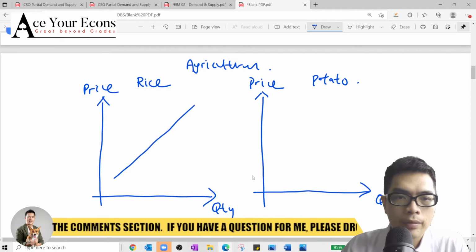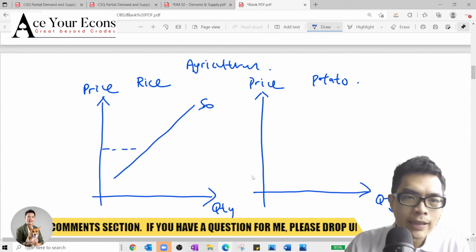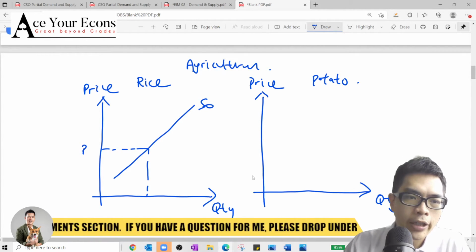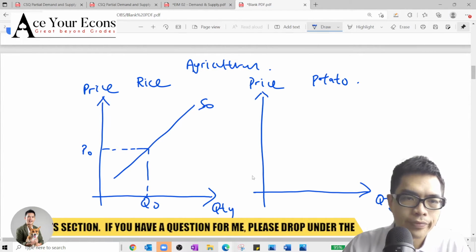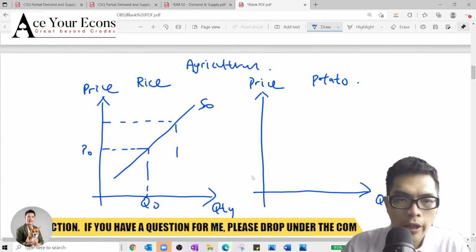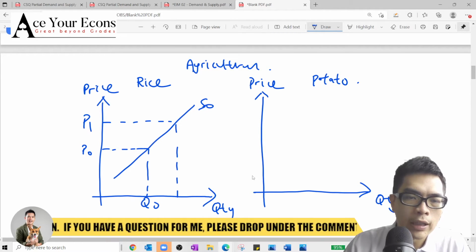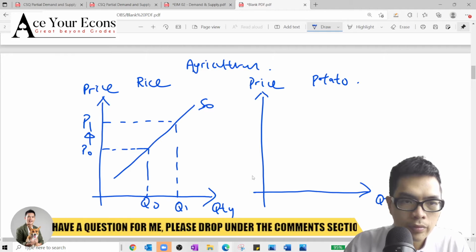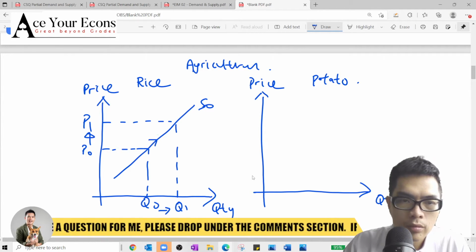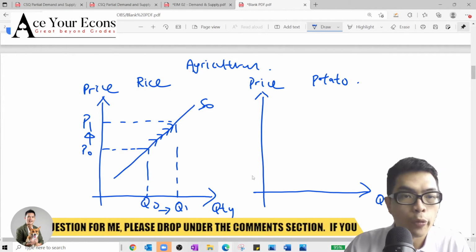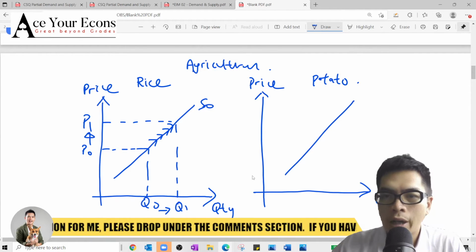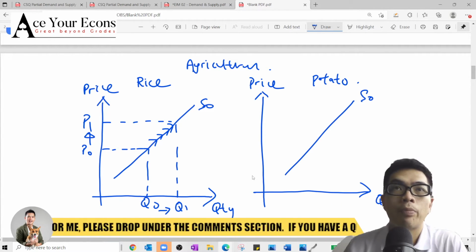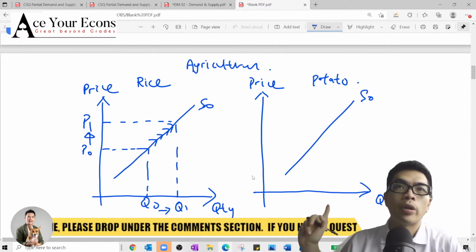Let's say there's an increase in the price of rice. Earlier on we established that the quantity supplied of rice will go up, right? This is a movement. Now, what is going to happen to the production of potato?